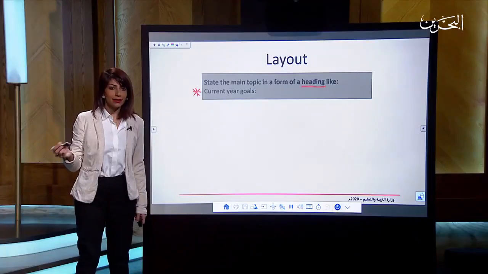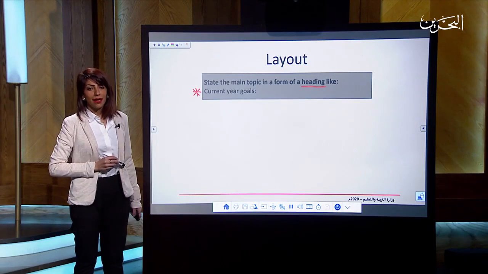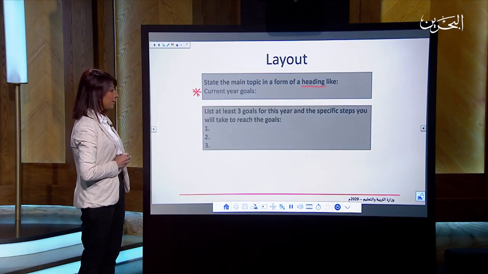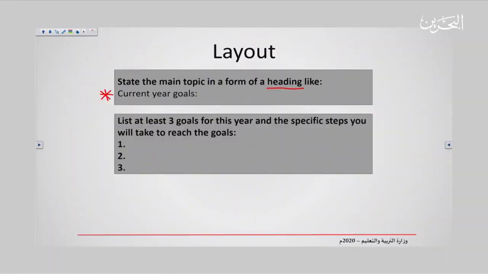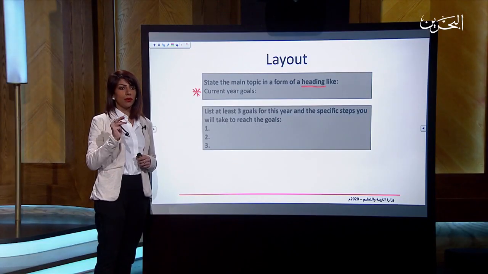You will just write this and you'll start at the second paragraph, in which you will list at least 3 goals for this year and the specific steps that you're going to take in order to achieve or reach this goal. Pay attention, my dear students. You're going at least to specify 3 short-term goals.